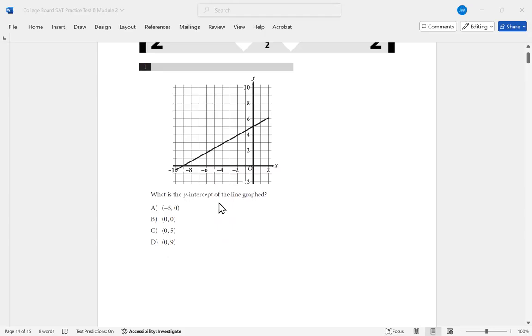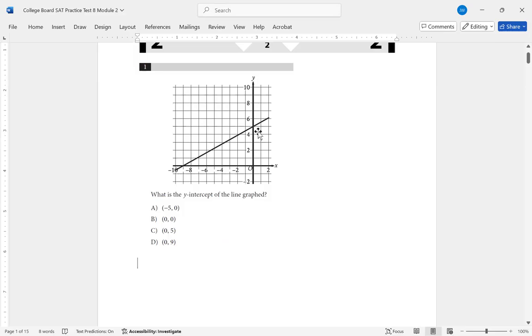What is the y-intercept of the line graphed? Now the y-intercept is where the line, in this case line, but in any case some curve, hits the y-axis. So as we can see, we're hitting the y-axis at the point 0, 5.